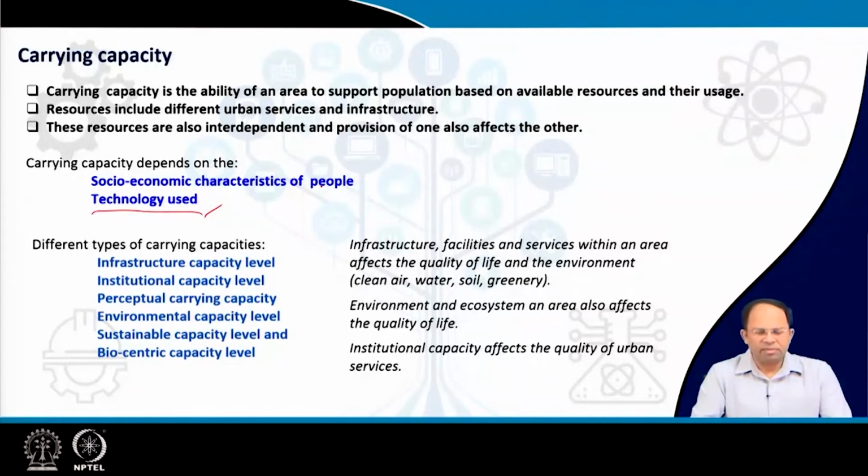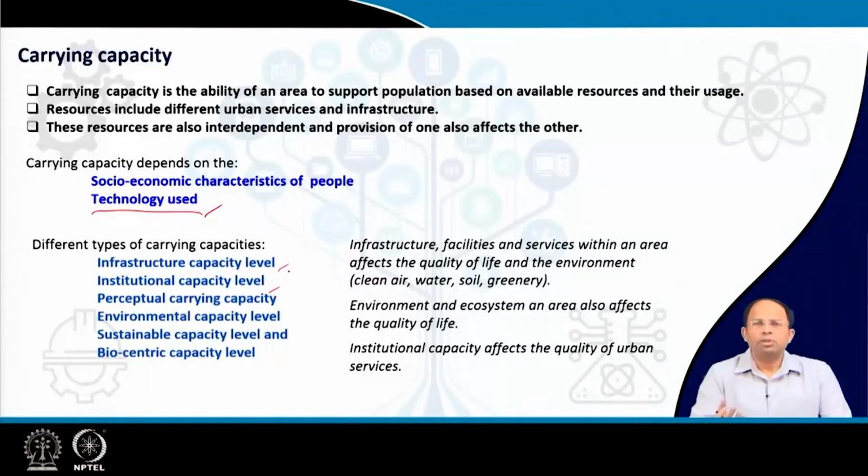Now, the different kinds of carrying capacities of an area include the infrastructure capacity level, where urban services are mostly concerned about the urban infrastructure and all. The institutional capacity level: how good are the urban institutions, or what capacity do the urban institutions have which will support certain kind of services.